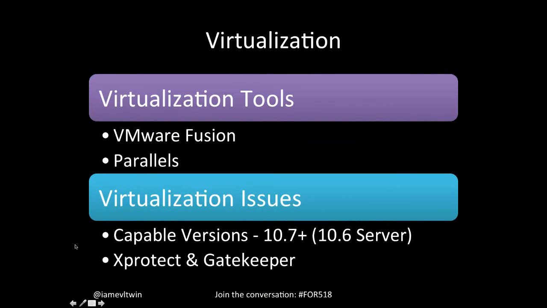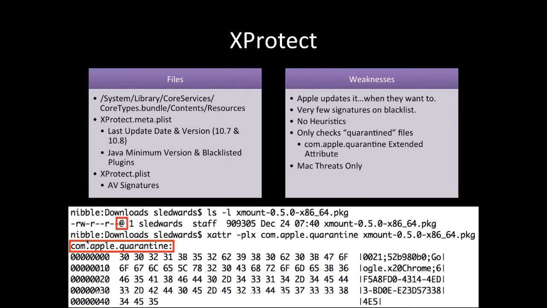A couple of things that might be issues when we're doing virtualization and actually executing these files: XProtect and Gatekeeper. So XProtect is Apple's version of antivirus. There are 2 main files for this capability: XProtect.meta.plist and XProtect.plist.